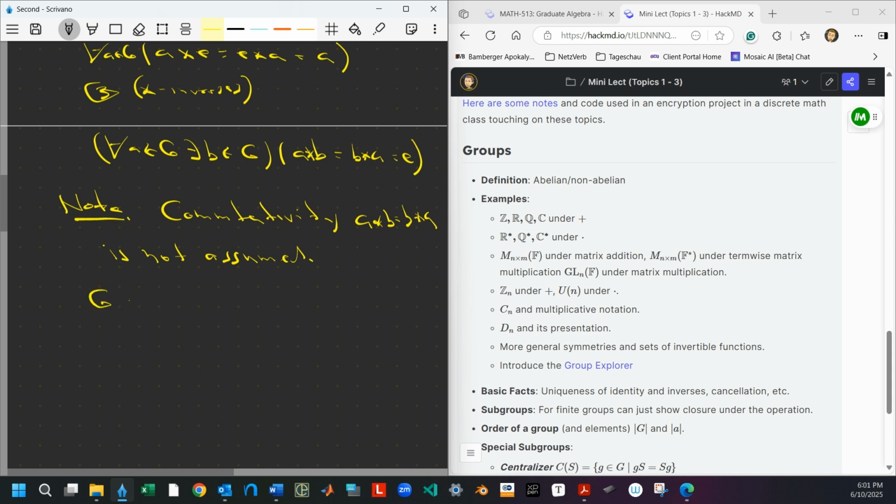So G is an abelian, or commutative, group if and only if for all A and B in G, A star B equals B star A.